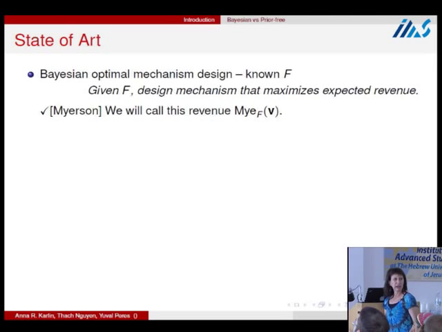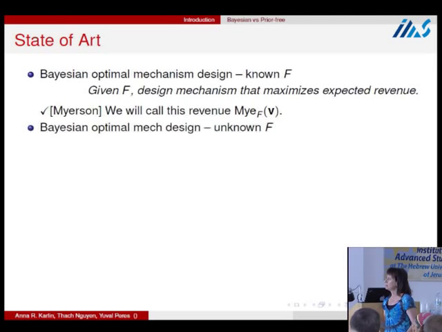There's an intermediate framework that's been considered in some recent papers between knowing the prior model and the completely prior-free model. This is when you assume the values are drawn from a prior distribution, but the auctioneer doesn't know what that prior is.